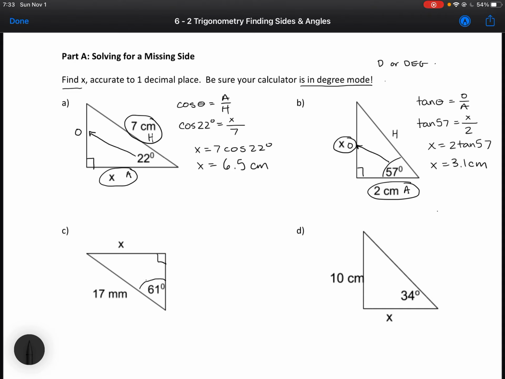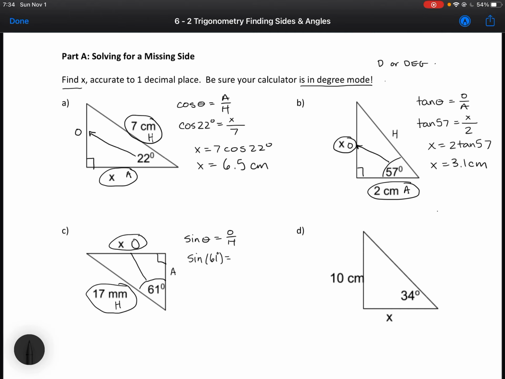Let's move on to our third example here, putting in our right angle. We're starting with our angle of 61 degrees here. We need to identify our sides. Directly across the triangle, we have our opposite side. Our other shorter side is the adjacent side, and then directly across from the right angle is our hypotenuse. Here we are looking for a trig ratio that uses our opposite side and our hypotenuse. That is going to be our sine ratio. So writing out our sine ratio in general, sine theta is equal to opposite over hypotenuse, and then substituting in what we know.